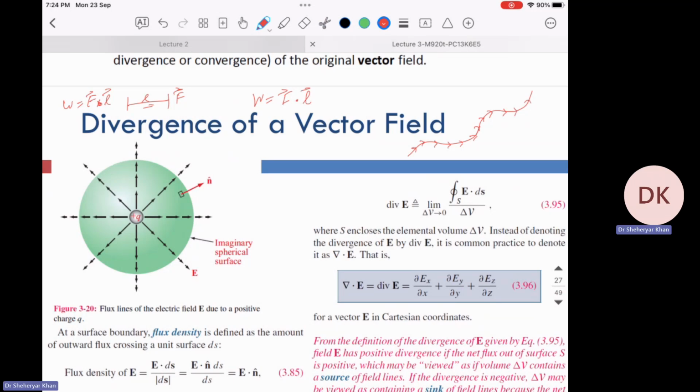So how to find out the work now? So we do that F dot dl. We take the single integral, right? That's how you do it. So this is for the path that is in a random position. So you know the equation of the line, right? And then you do the integration. That's what we call the line integral.